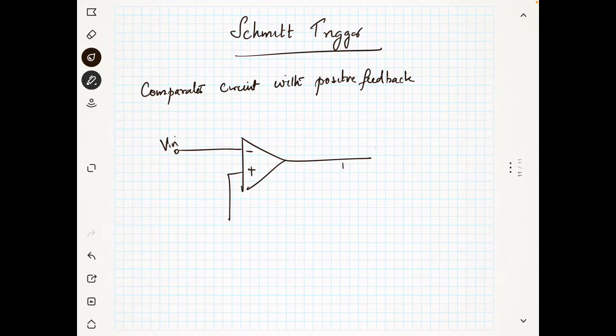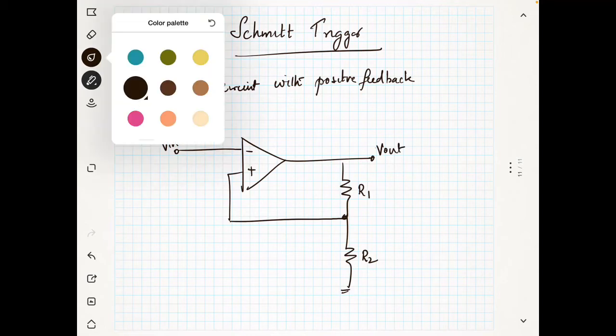This is R1 and this is R2. That's it. Now this is a positive feedback. The basic operation can be explained as follows. You can see here this is V out. Now you see what the difference voltage between these two is.